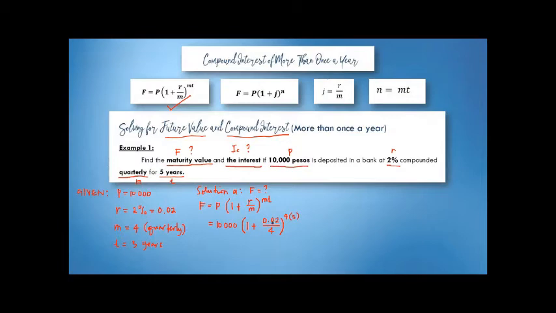Pwede natin siyang i-input directly sa calculator or pwede nating i-simplify muna. So pwede siyang 10,000 times the quantity of 1 plus 0.05.